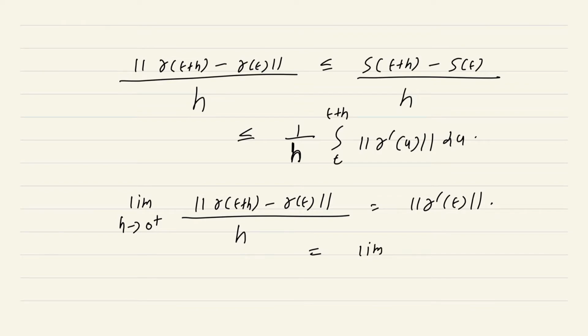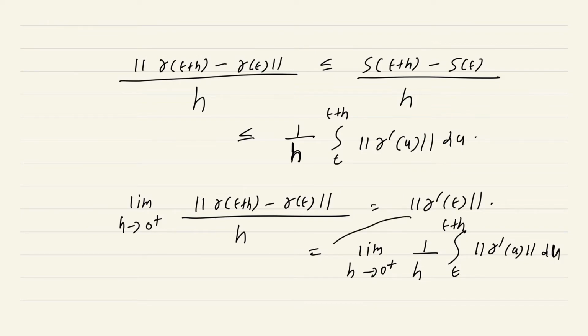This is nothing but the limit as h goes to 0 plus of 1 by h times the integral from t to t+h of norm gamma prime of u du. This equality is the fundamental theorem of calculus. So check that.